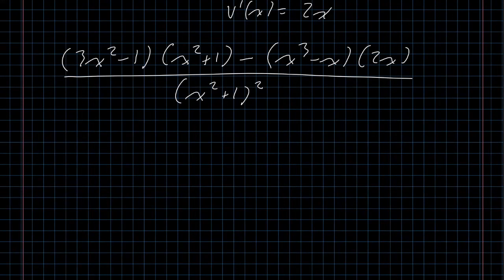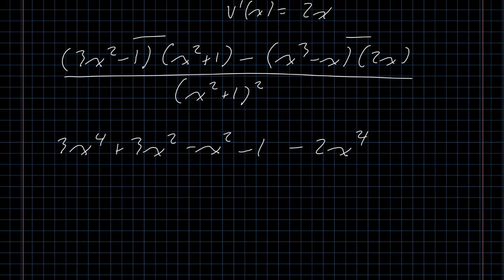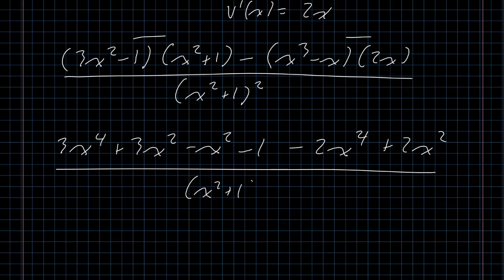All right, let's clean this up at least a little bit. We can distribute. We'll have 3x to the fourth plus 3x squared minus x squared minus 1 minus 2x to the fourth minus a minus is plus 2x squared, all over x squared plus 1 squared. Now let's see, we've got 3 and minus 2 x to the fourth. So that's just 1 x to the fourth.